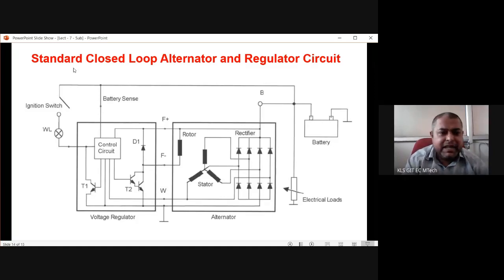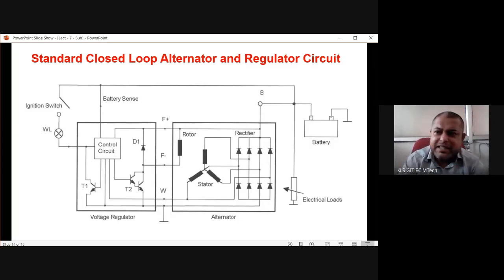So from the left, ignition, warning light, then the supply comes to the rotor, and when the rotor gets some supply, the stator produces some output, that goes to DC, and that supply also goes to the electrical load. So this is the overall charging system for any kind of vehicle.